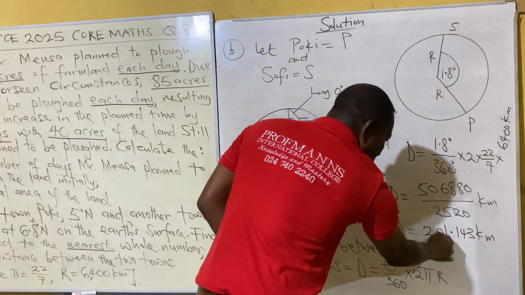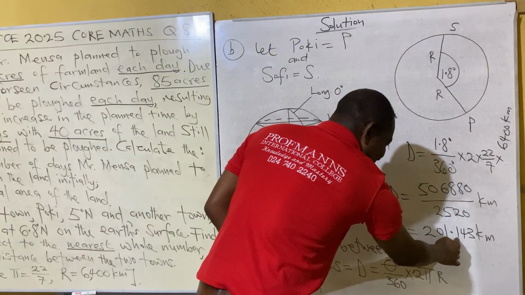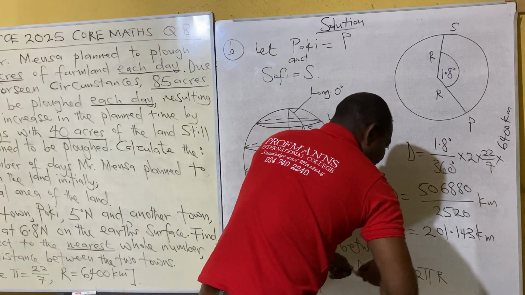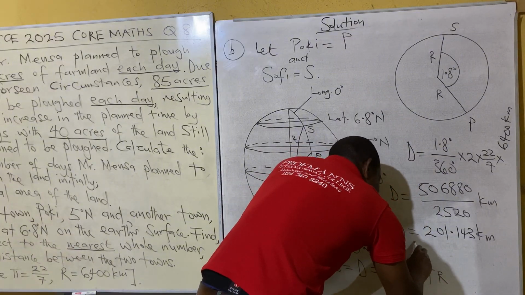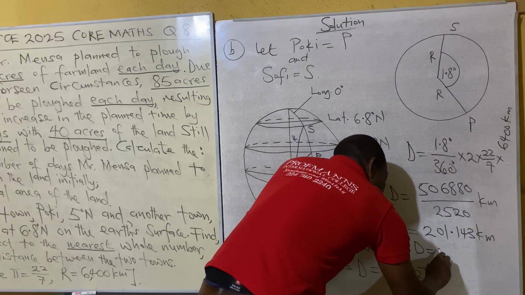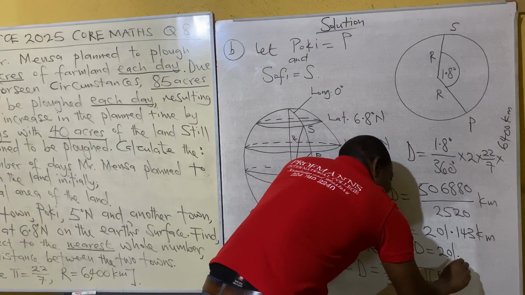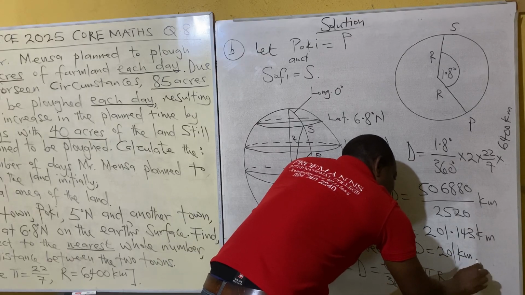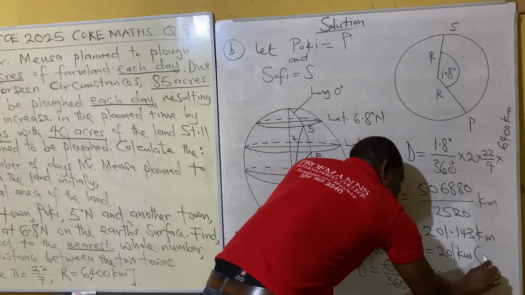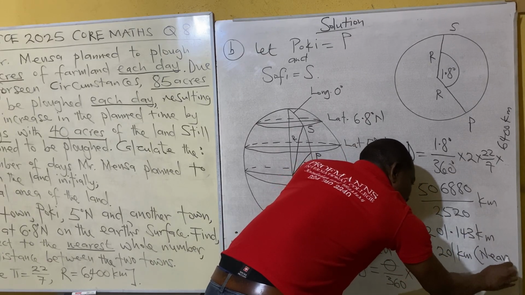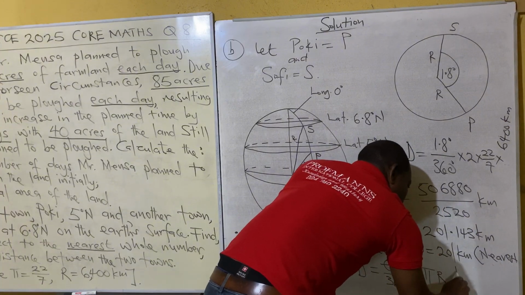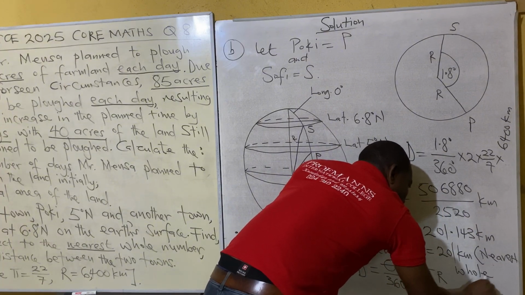So to the nearest whole number, this is less than 5. So we are going to have D being equal to 201 kilometers. Then we put into bracket nearest whole number.